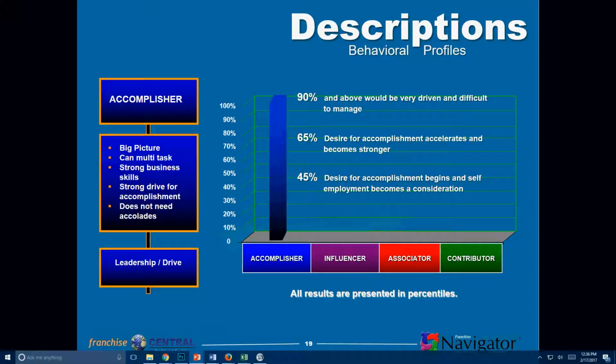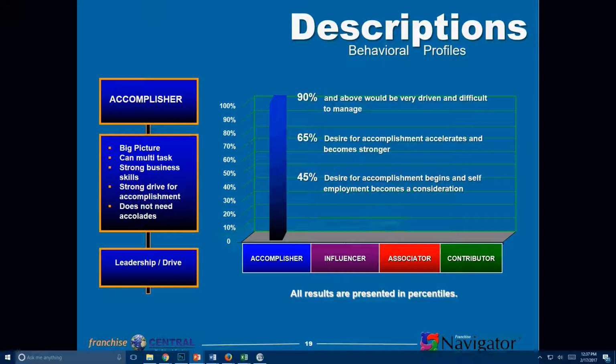Okay. So we left off at the Accomplisher. This is the drive. One thing you're going to find pretty consistent in franchising is that this is the burning in the belly. This is the key to somebody shifting from employment to empowerment.